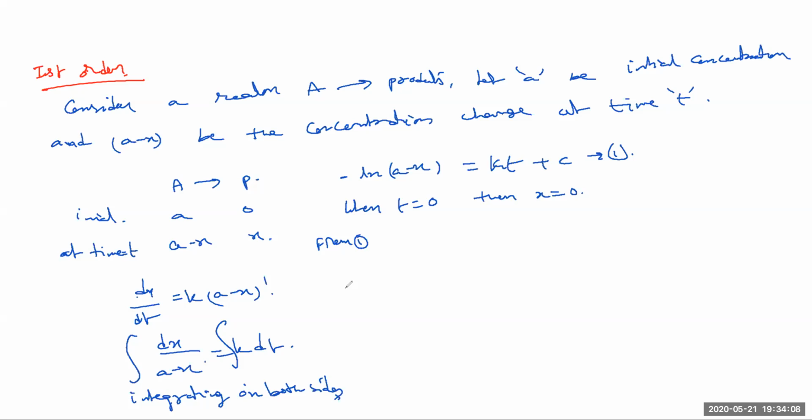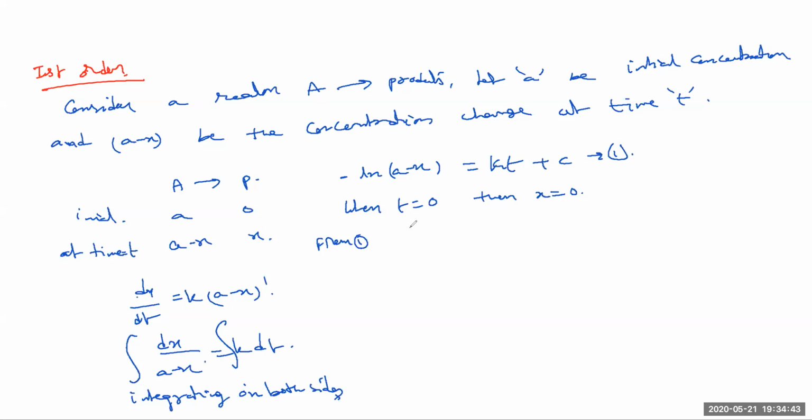So integration of 1 by a minus x means ln, or log, it's not an issue, of a minus x, and the derivative of a minus x: a's derivative is 0, x's derivative is 1, but the sign is negative. That's why I'm putting negative. Got my point? Kt plus the integration constant, C is the integration constant.